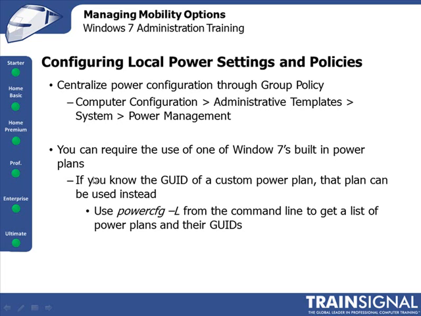If you happen to know the GUID of a custom power plan and you've moved that custom power plan to all of the machines in your organization, you can use that power plan instead. To determine the GUID of a power plan, from the command line, issue powercfg -l to get a list of all the power plans and the related GUIDs.